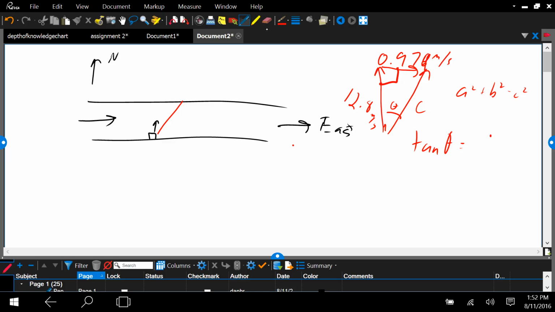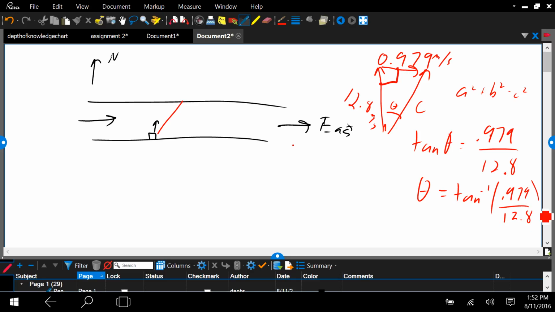Let me correct this right here. That number was 0.979 divided by 12.8. And if you take the inverse tangent of both sides, you will find the angle. Okay, and that is the next part of the problem there.